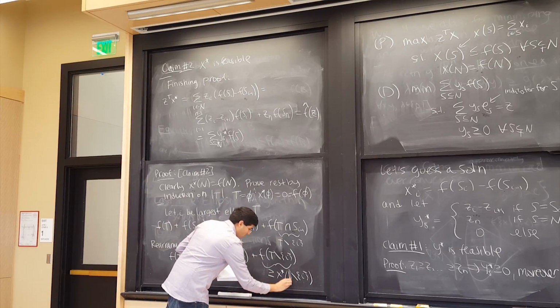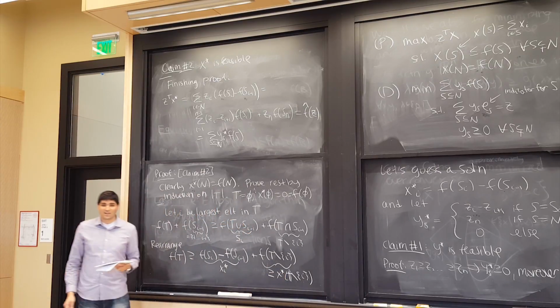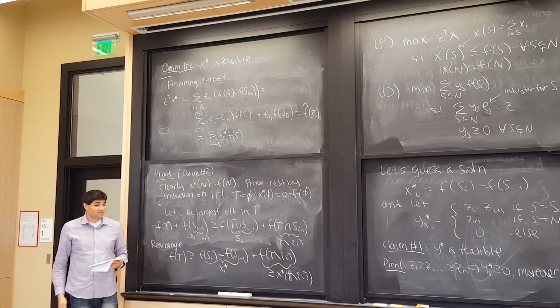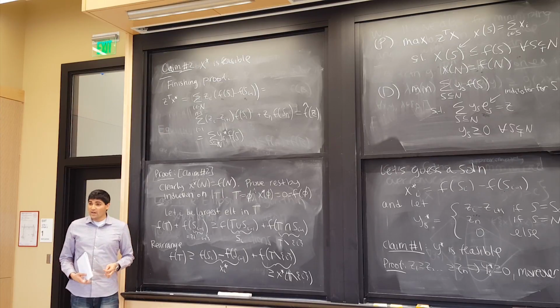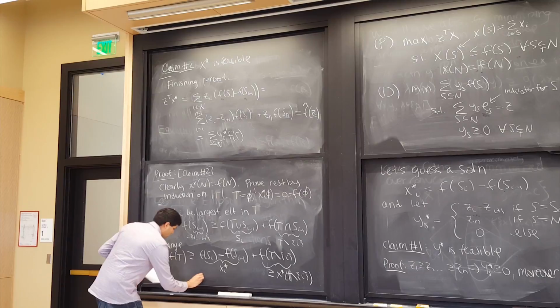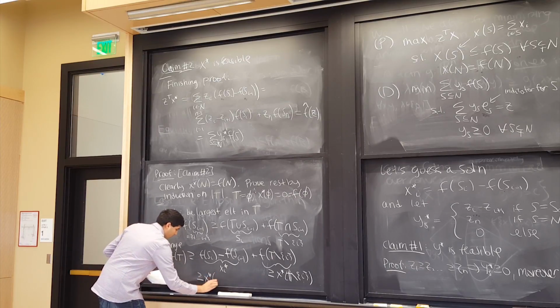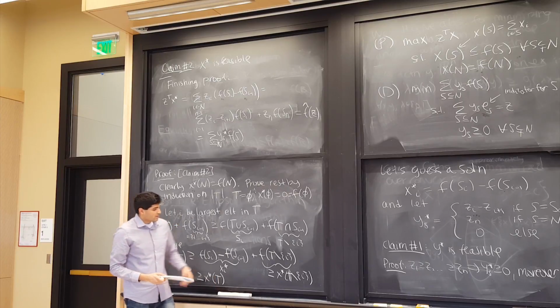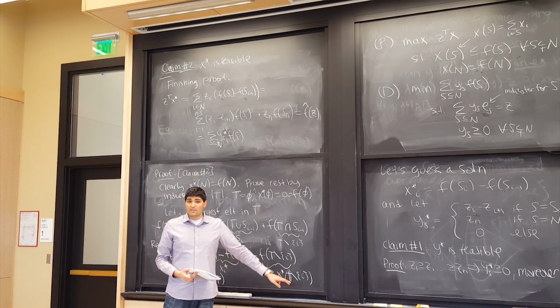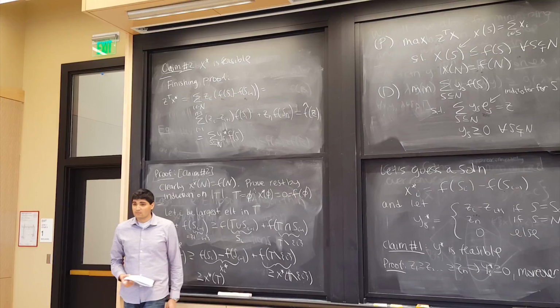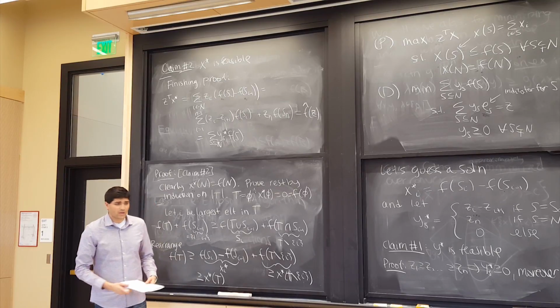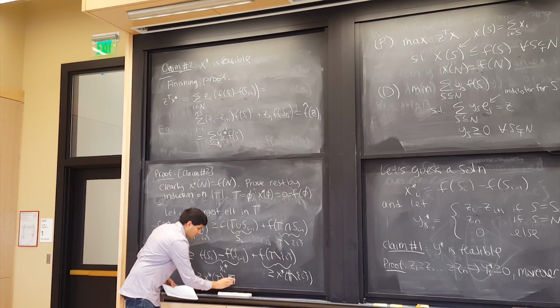This is the problem with changing your sets on the fly. It's T minus i. Now we're done, right? Because the entire thing is then less than or equal to x star of T, as we're adding it up on all of the elements in T except for i, and then we add back in i. And now we're done. That's it.